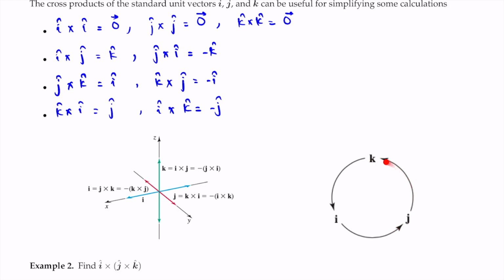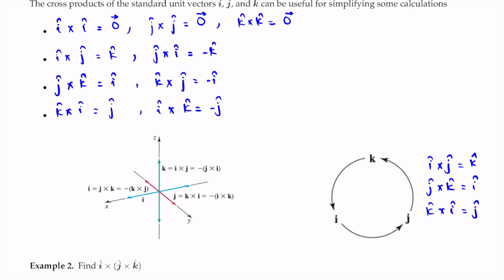When you do j crossed with k, you have i. And when you do k crossed with i, you have j. So i crossed with j gives you k, j crossed with k is going to give you a positive i, and k crossed with i gives you positive j.